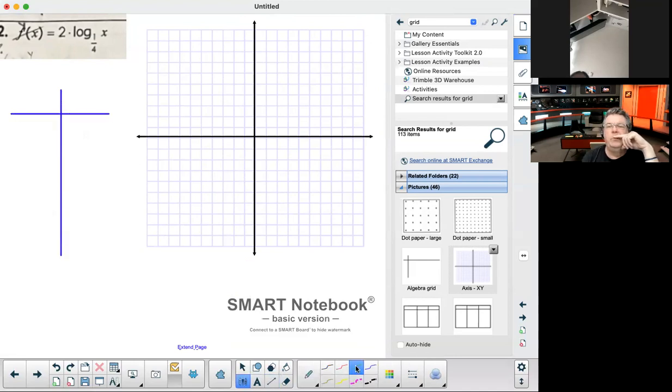All right, so we'll go x and y here. So y equals 2 log base 1/4 of x.